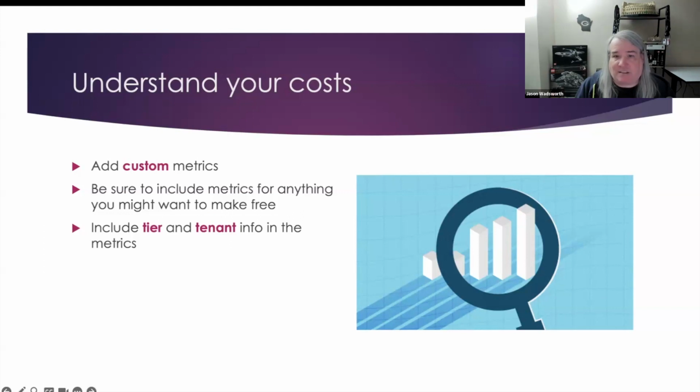So I can say this feature is being used a lot by my free tier people, but not by my paid tier, or vice versa, right? And so I can start really analyzing the data across tiers and even down at the tenant level. So I can see this particular tenant is costing me a lot of money, and try to understand whether or not that's okay, whether or not I need to figure out things that I need to change. Are they abusing the system? Are they just a high-end user? Whatever that is, by adding those dimensions to your metrics, you can start looking at things in a different way.